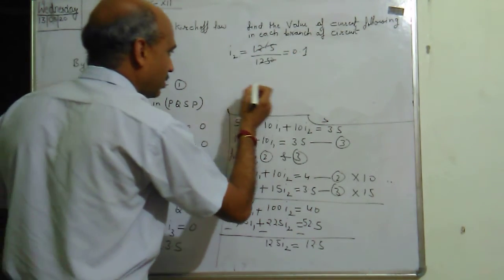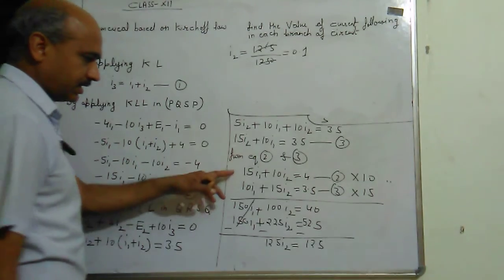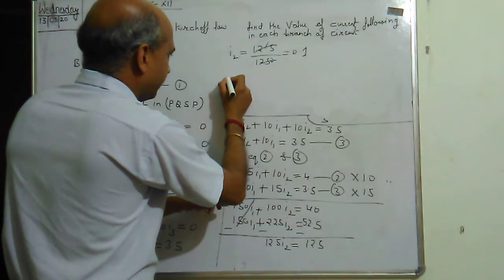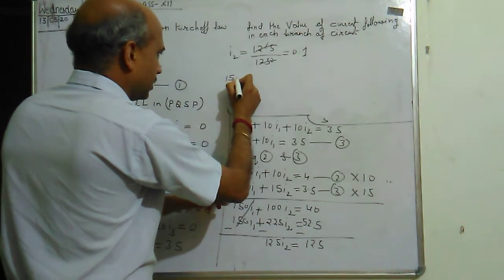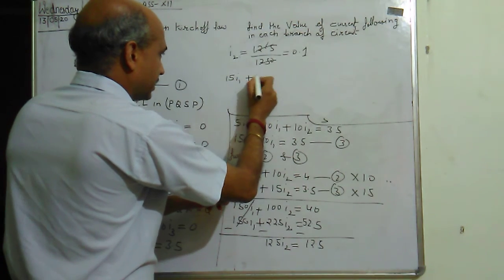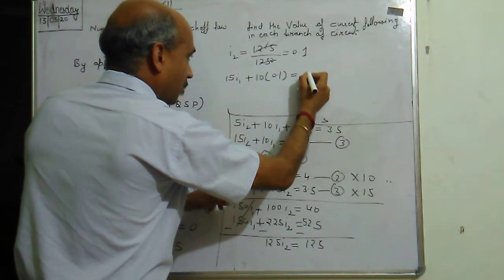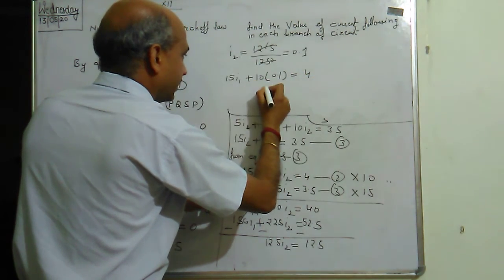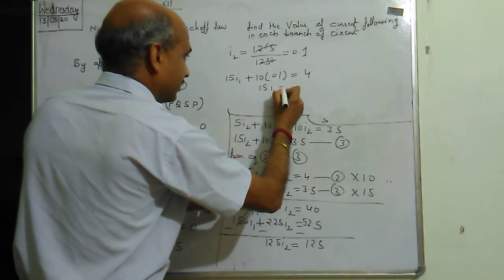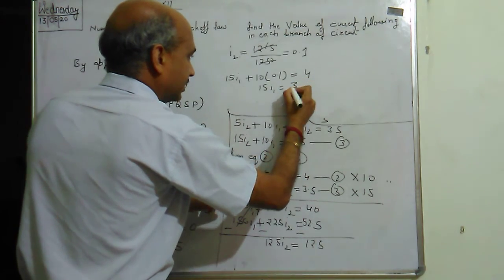Now let us calculate the value of I1. You can take any equation. Let us take this equation. So it will be 15 I1 plus 10 into 0.1 equals to 4. So we get 15 I1 equals to, shifting, 3.